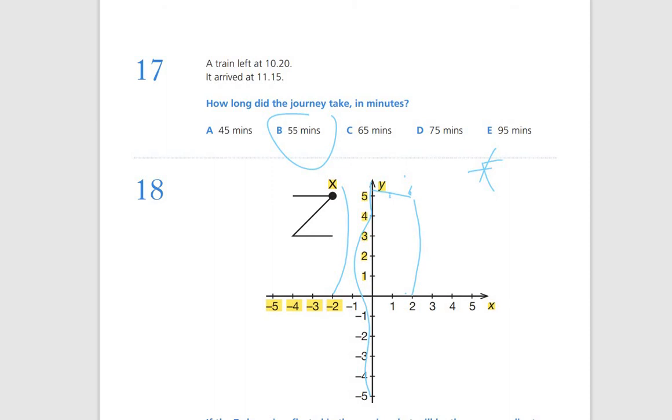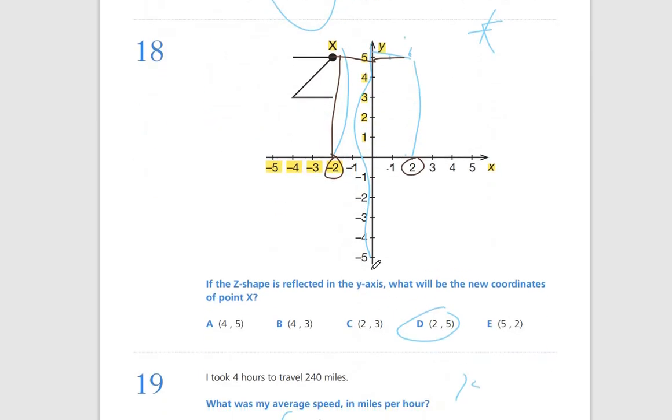It goes right up to x, which is -2. If we flip on the y-axis, then it'll be on 2. -2, if we flip here, it'll be exactly the same, so there'll be 1 in between. This will turn to 2. And here is 5, and then same here, it will be 5. And then it will be 2 over 5, not 5 over 2.